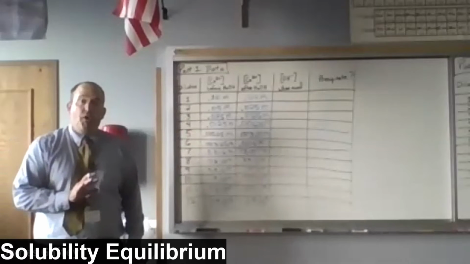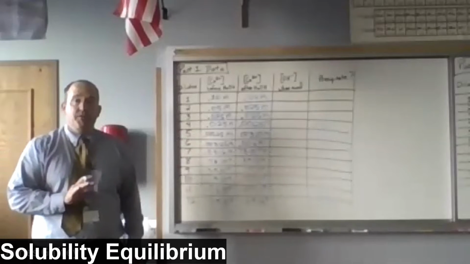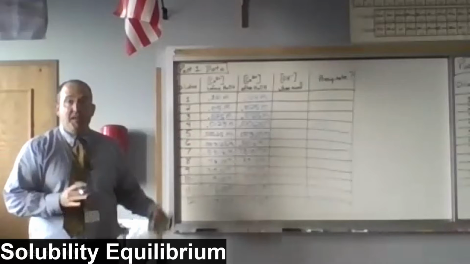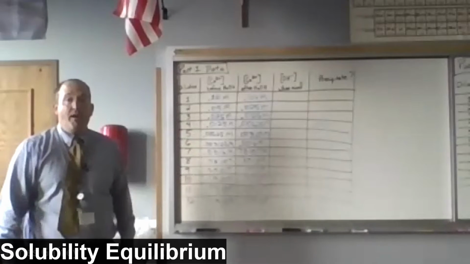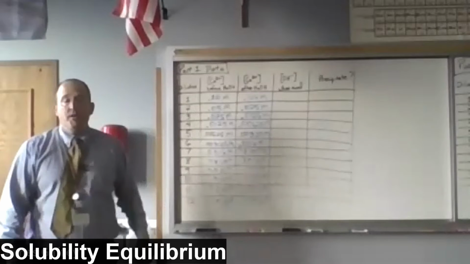We weren't making in part 1 a serial dilution of hydroxide ion. Instead, we were adding 5 drops of 0.1 molar sodium hydroxide to all 12 wells.